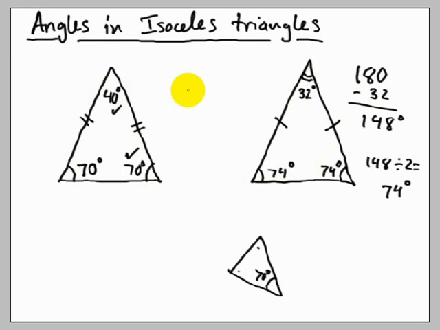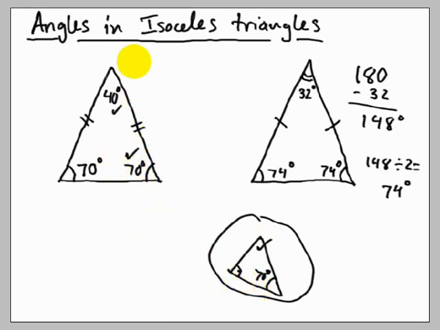So all I'm trying to get across here is that in usual problems, if I give you one angle of some arbitrary triangle and you don't know anything else about it, just knowing one angle of that triangle is not enough to find the other two angles, okay? Usually you need two angles of a triangle in order to find the missing one.